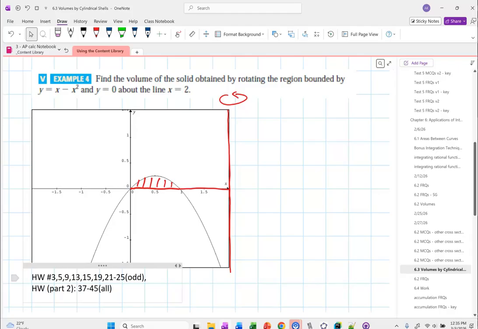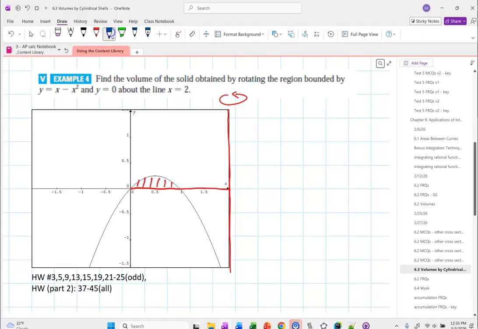If we're rotating about a horizontal axis, no problem, I'll disk or washer that all day long. But if it's a vertical, this is now a classic shell example. Is everybody okay? You see what I mean by 1-to-1 in the direction that we're slicing? And if we're slicing this way, I'm hitting this function twice. That's a shell situation. Everybody okay?